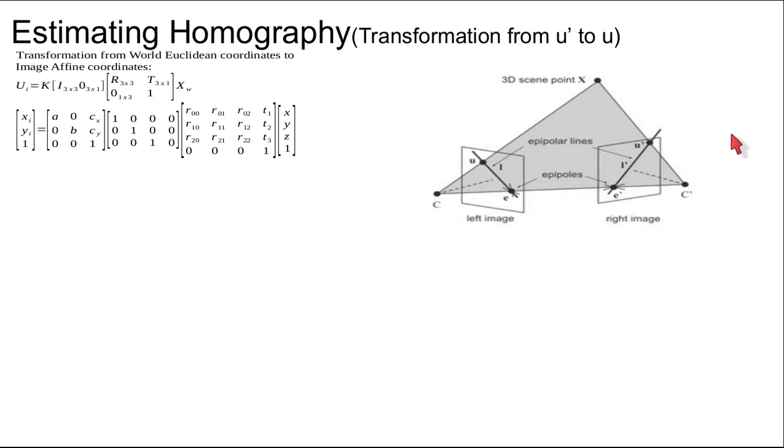Now let us again go back and consider our epipolar geometry. Transformation from the world Euclidean coordinates to the image affine coordinates can be represented using this matrix formulation. And when you expand it, you get this result. Now in order to get the homography matrix, let us make certain assumptions.